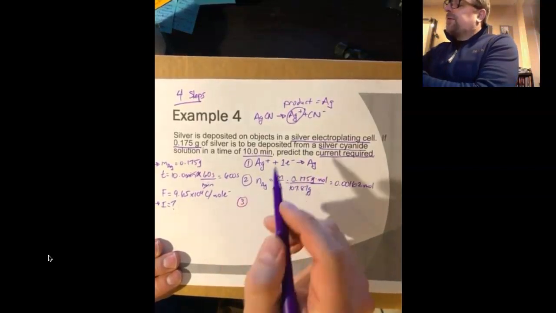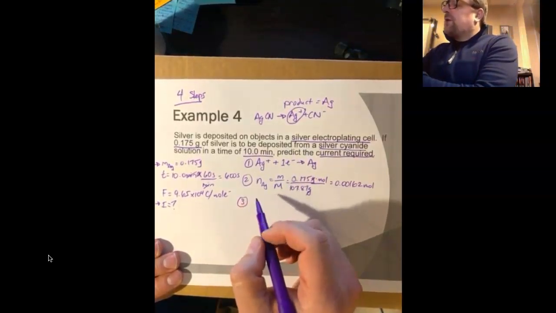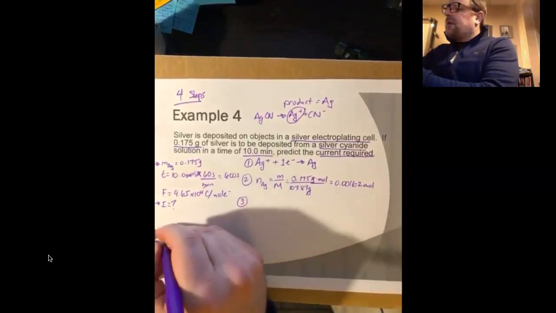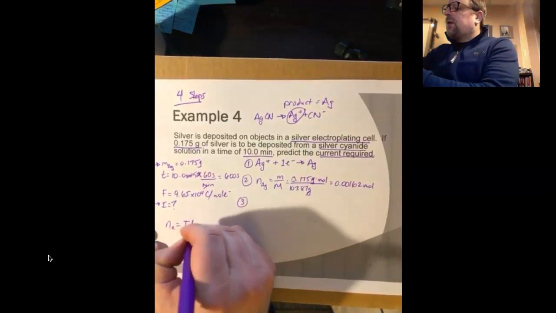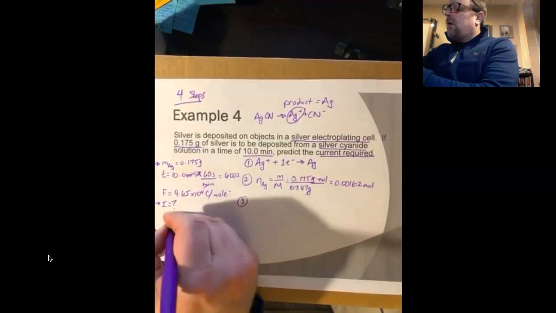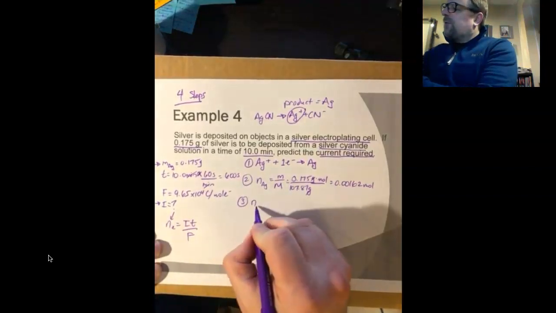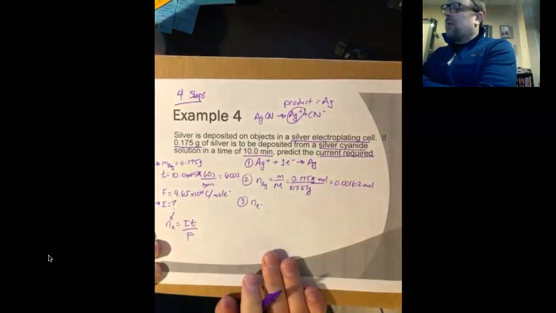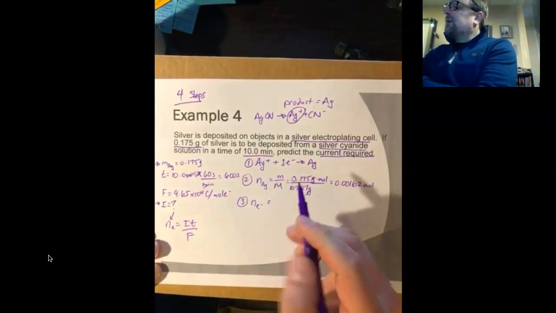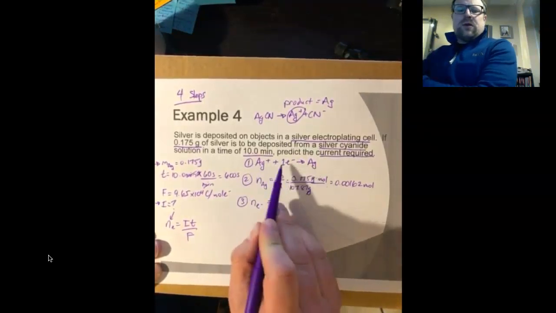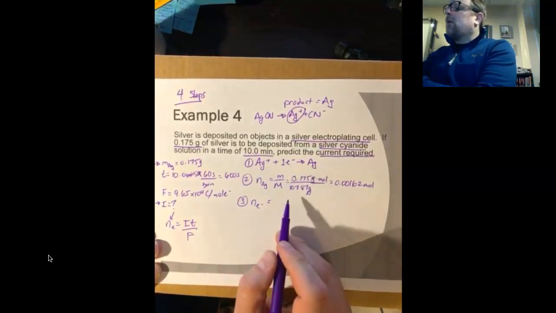Step 3 is to figure out number of moles of your unknown. Well, in order for us to use this formula, we better have number of moles of electrons. So that's what step 3 is all about. We're going to figure out number of moles of electrons using mole ratio, because we can link these two together using the coefficients in that equation.